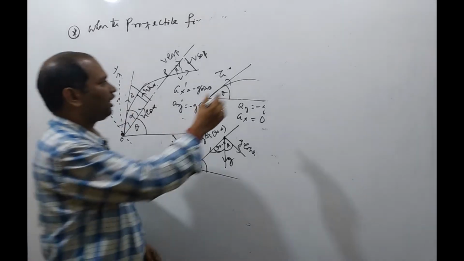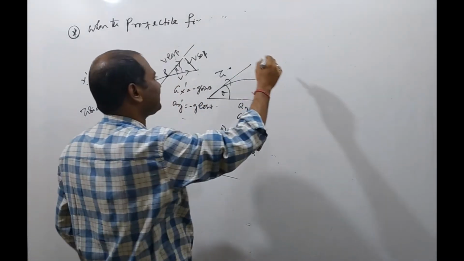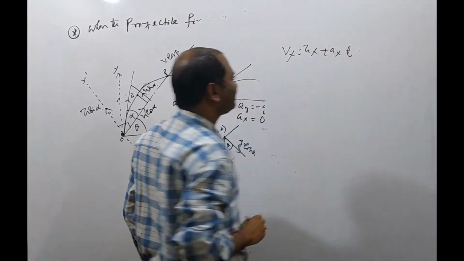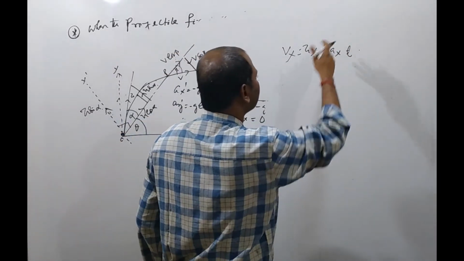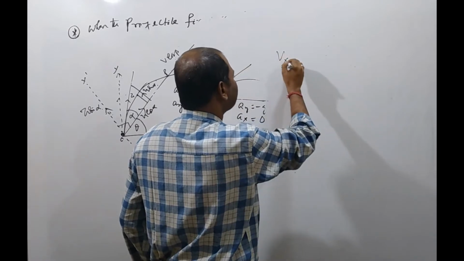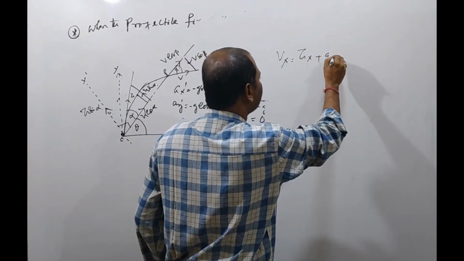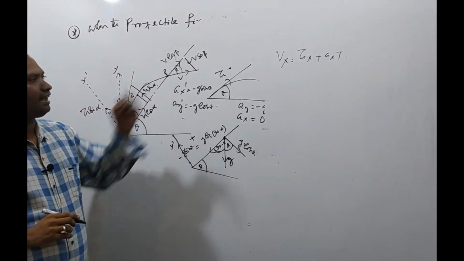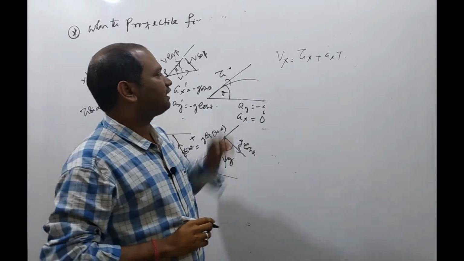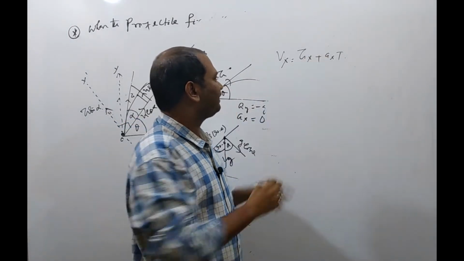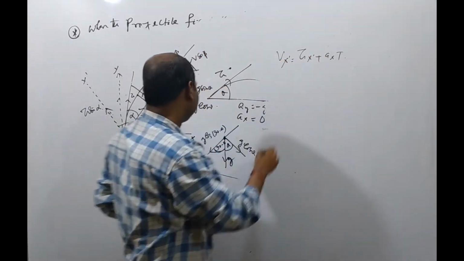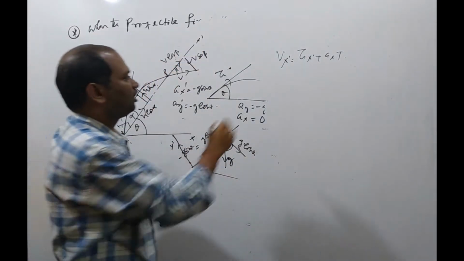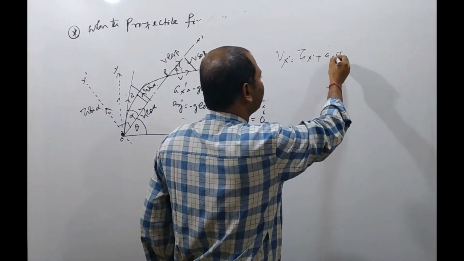So I can write here velocity in x axis: v is equal to u plus at, vx is equal to ux plus axt. Final velocity in x axis is equal to initial velocity in x axis plus acceleration along the x dash axis. Because this is the x axis and this is the x dash axis. So vx dash is equal to ux dash plus ax dash into t.